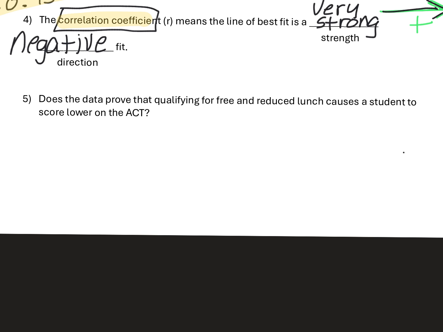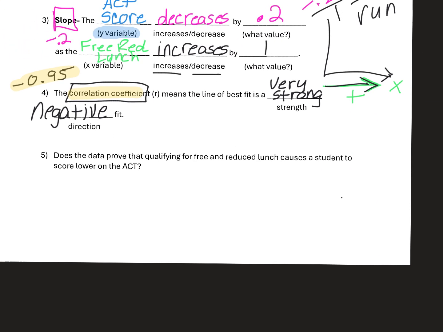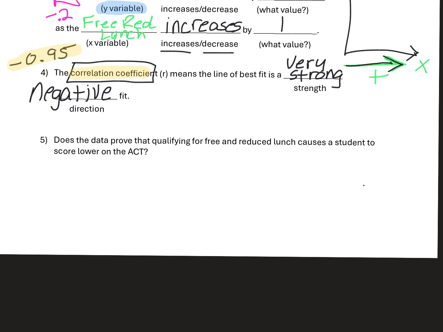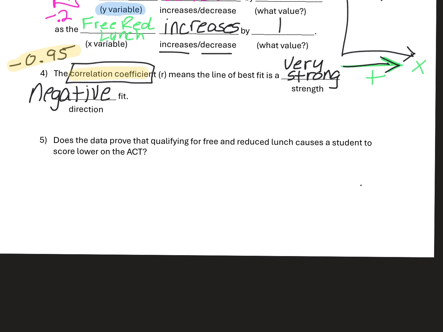Our last question says, does the data prove that qualifying for free and reduced lunch causes a student to score lower on the ACT? Well, our equation is a very strong fit, so there is definitely a relationship. But there are lots of factors that relate to your family not having as much money that might contribute to you having a lower score on your ACT.